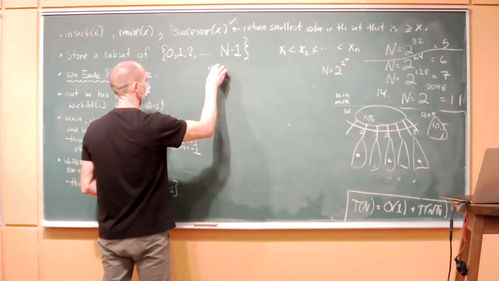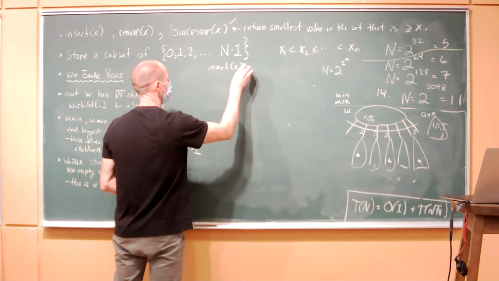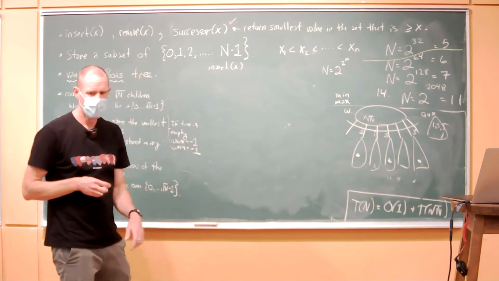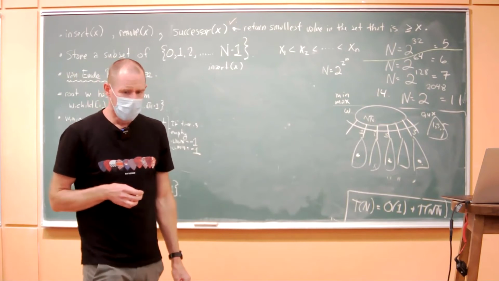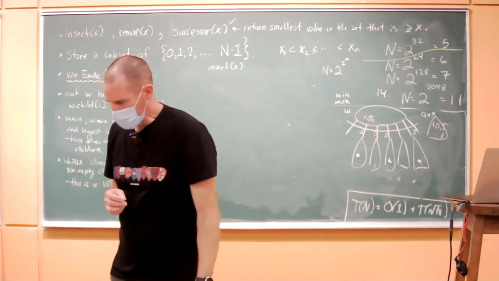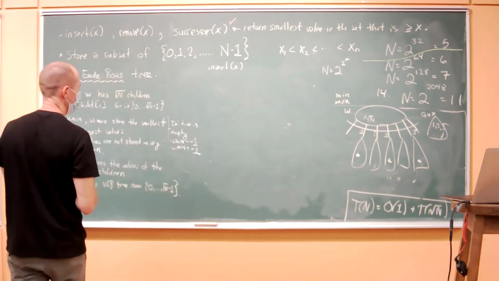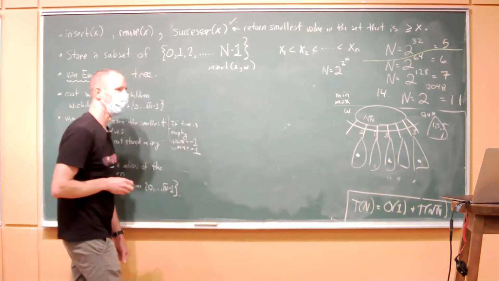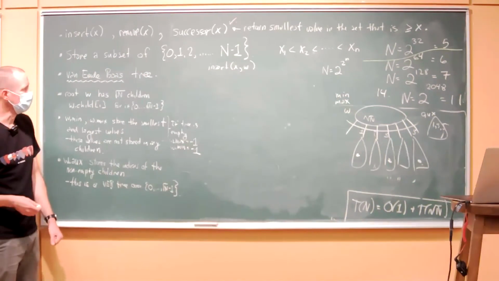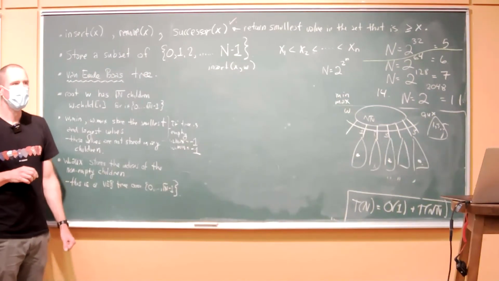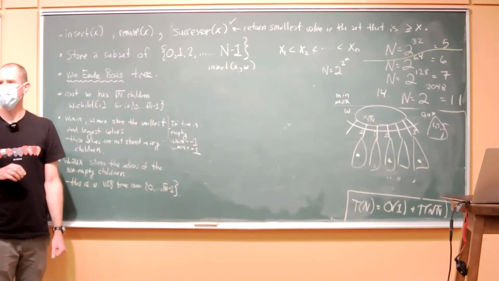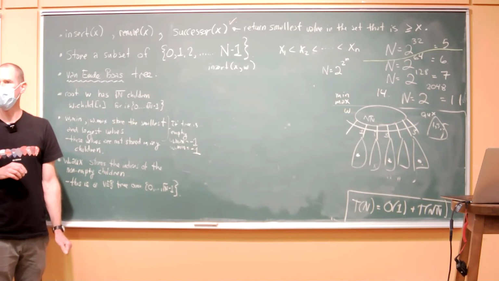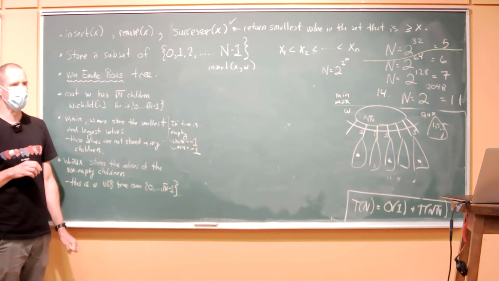Insert. Now I want to insert a new value x into the tree that is rooted at W. So again, what's the easiest thing that could happen?